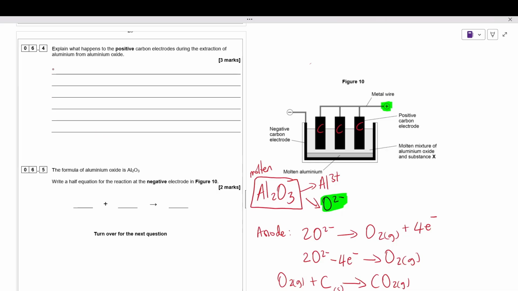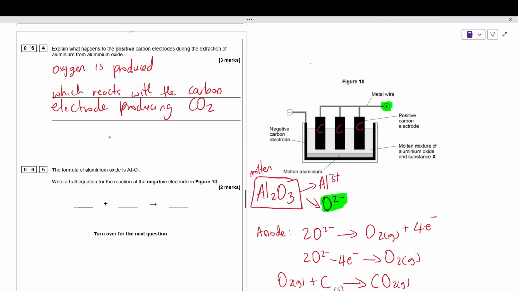So to answer this question, oxygen is produced, which reacts with the carbon electrode producing CO2.